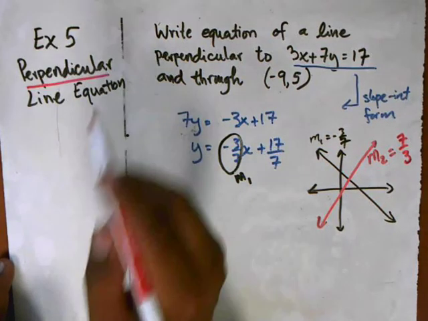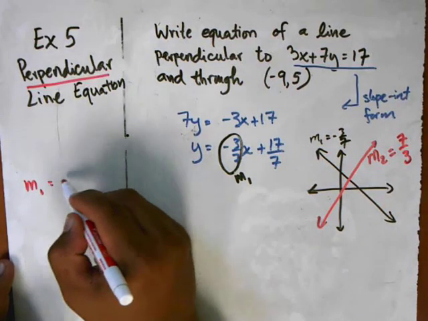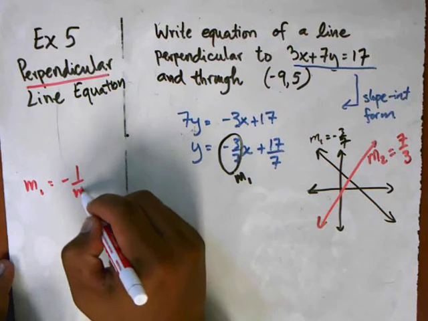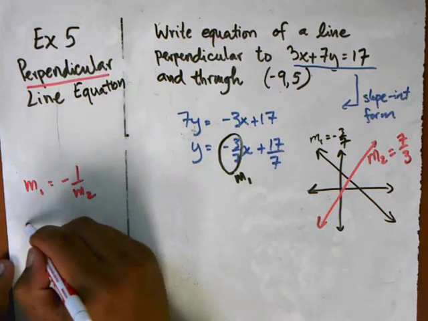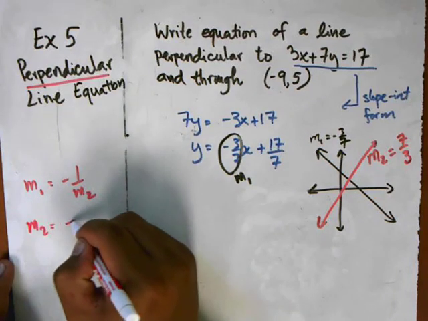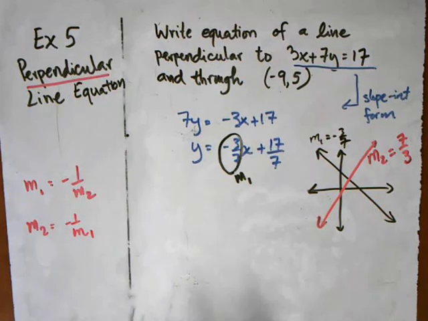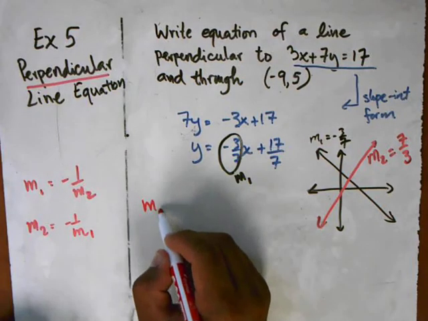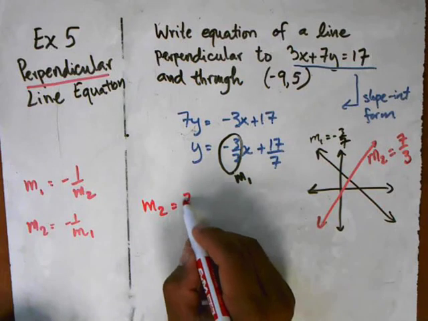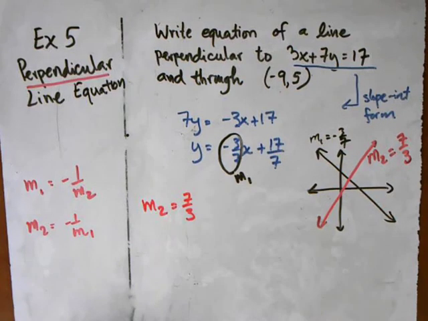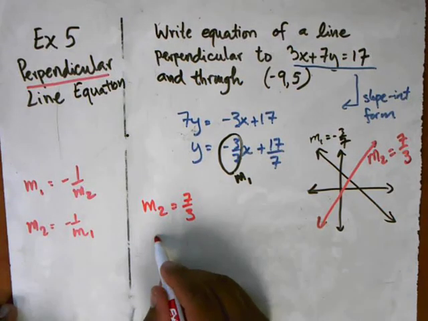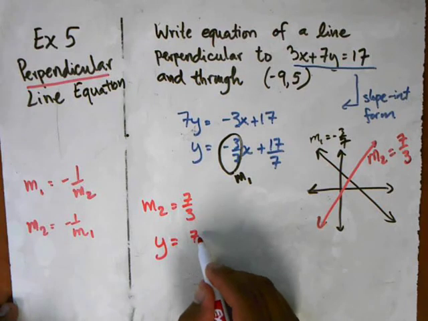So if you remember, when you have a perpendicular line, m1 is equal to the negative reciprocal of m2, or we can also say that m2 is equal to the opposite reciprocal of m1. Both are perfectly true. Okay, so we do know that the m2 we're looking for has to have a slope of 7/3, positive 7/3.